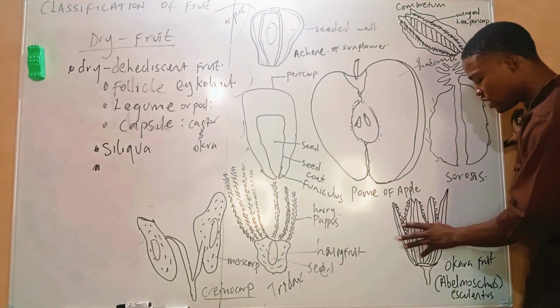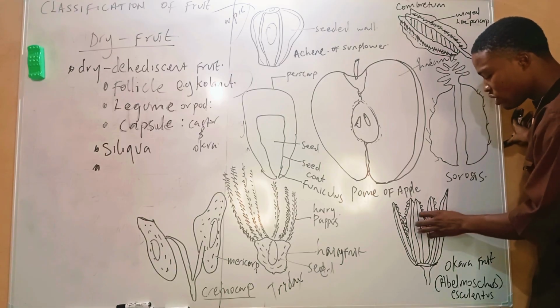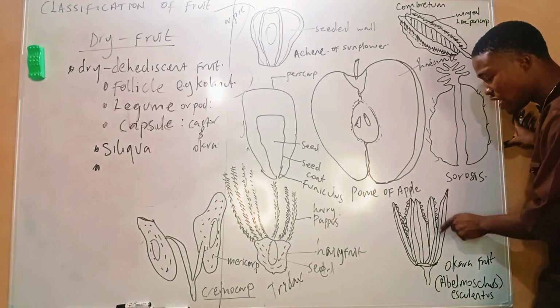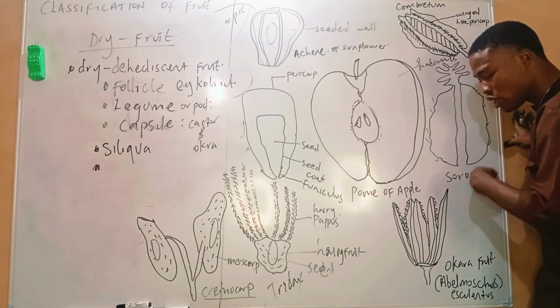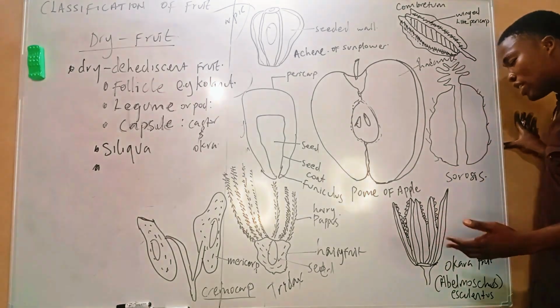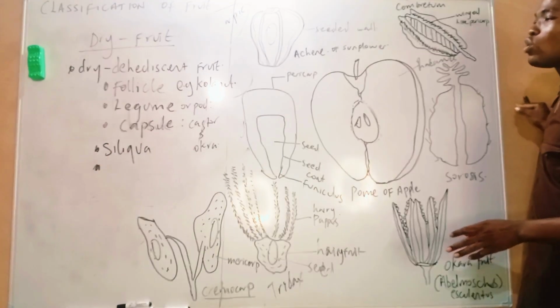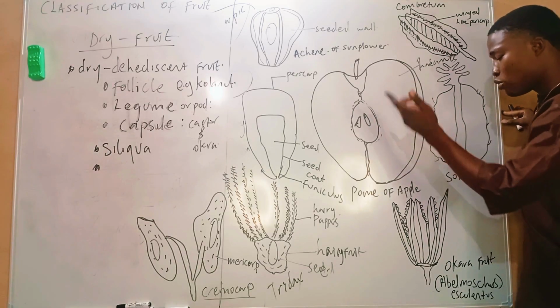It splits upon maturity along more than two lines, three and above in most cases, to release its seeds. Those are examples of capsule.